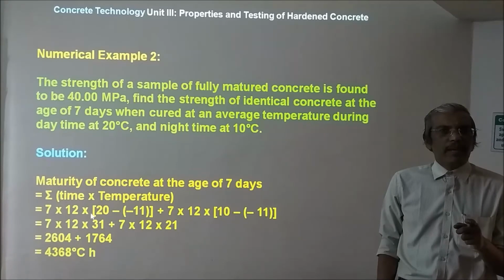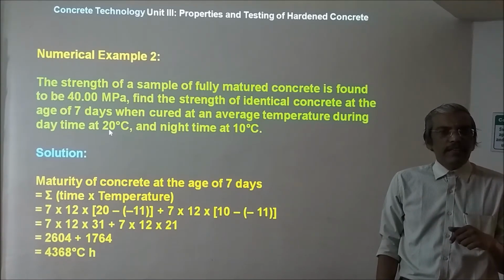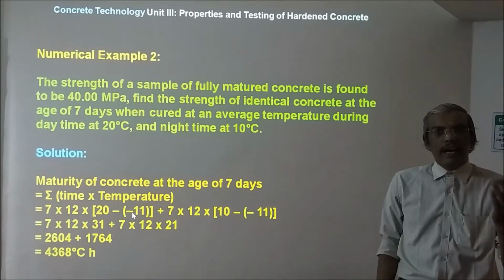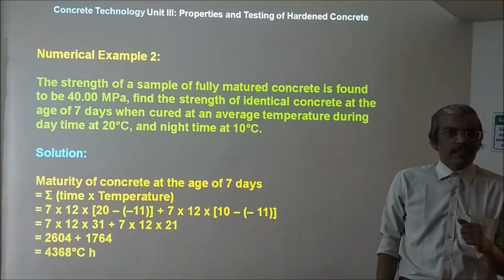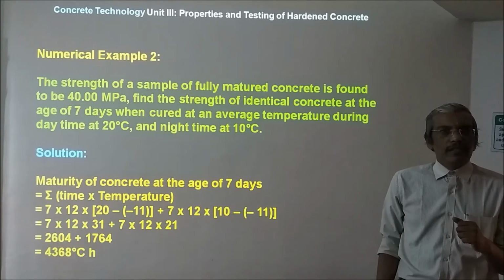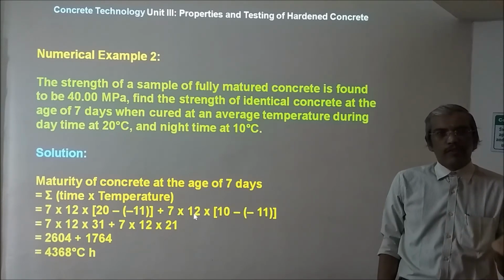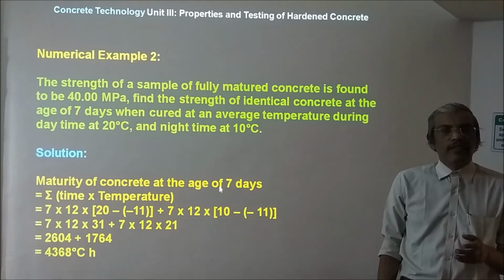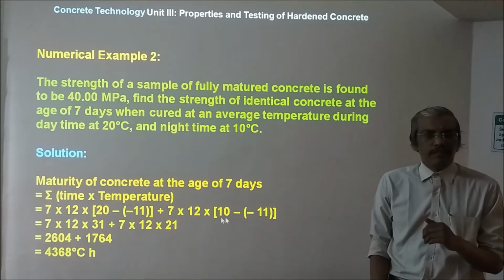So 12 hours multiplied by 20, the daytime temperature, minus 11. This 11 is the average which is considered. Then plus 7 days multiplied by 12 hours for night time, multiplied by 10 minus 11, the night temperature.